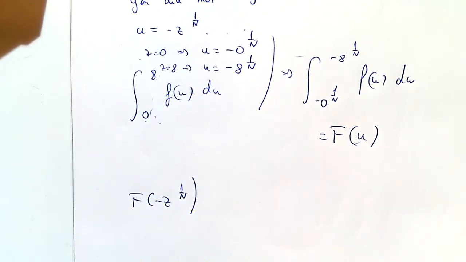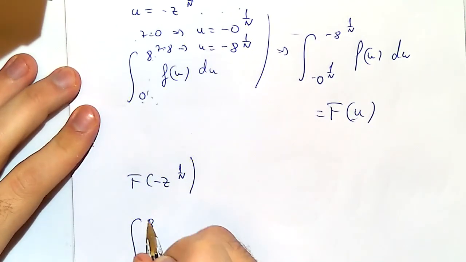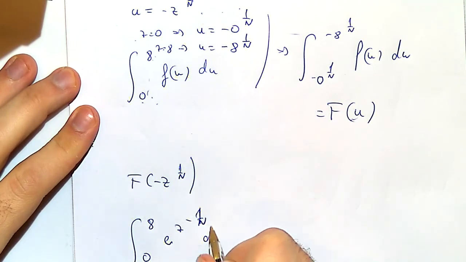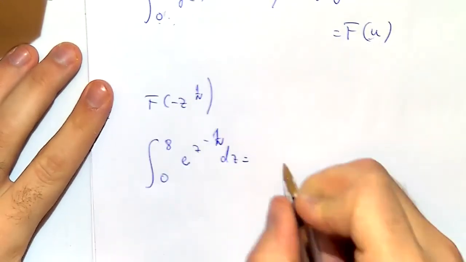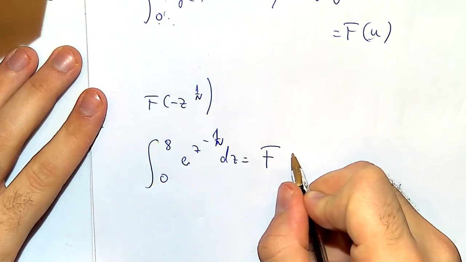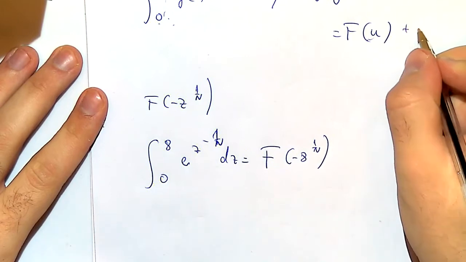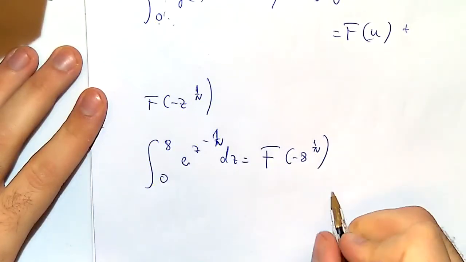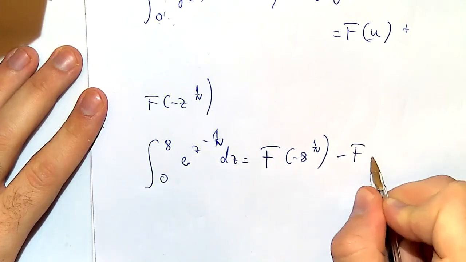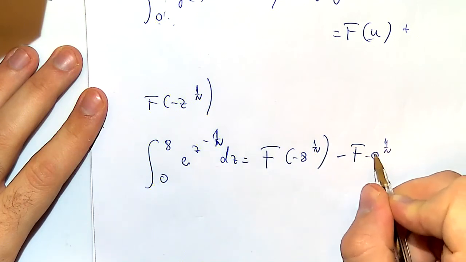So my integral from 0 to 8 of e to the minus z to the 1 over n dz is going to be equal to F of, let's just say, minus 8 to the 1 over n, minus F of minus 0 to the 1 over n, okay?